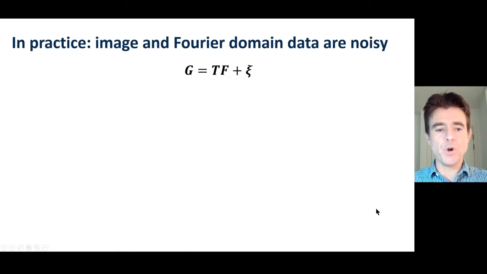Okay, so back to where we were then, the motivation for the least squares approach for reconstruction. What we're saying then is that G, so here I've just got a slight increase in the capitalization of G and F. Hopefully you can understand that, and that's not a problem for understanding.